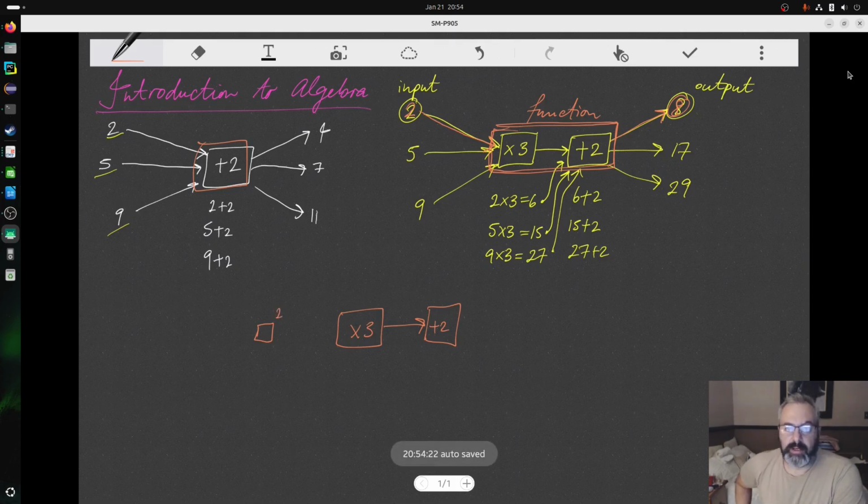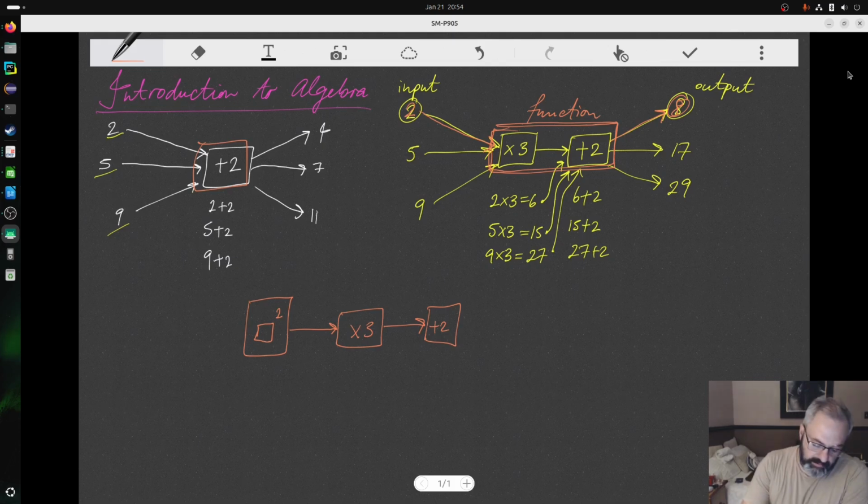We square it. And that result is then fed into the second step, the times 3 step, and then from there on into the plus 2 step. So again, this entire thing, the 3 steps now, that is my function.